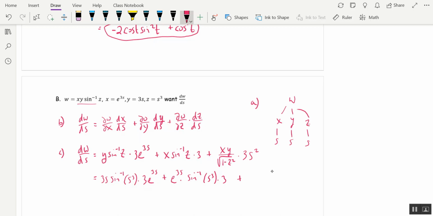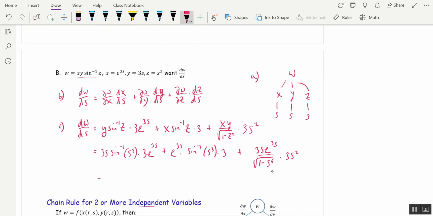And then finally, the last term, xy, is 3s e to the 3s over the square root of 1 minus z squared, which is s to the 6th, and multiply by dz ds, which is 3s squared.